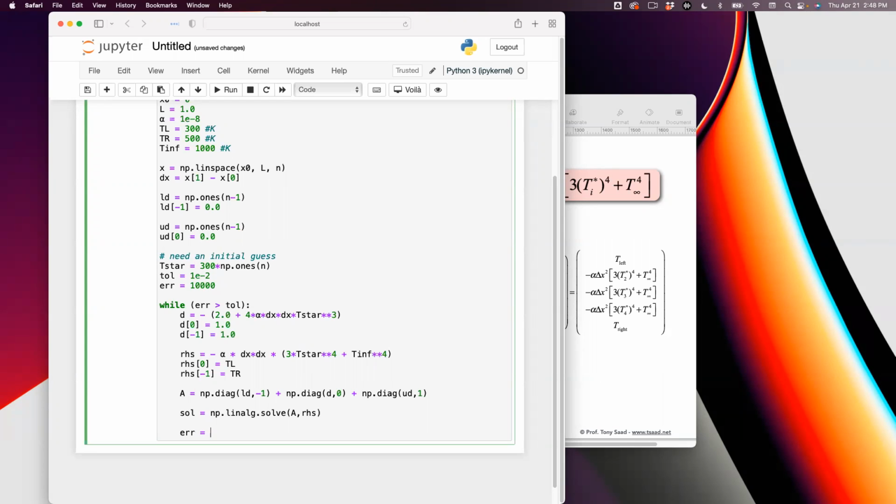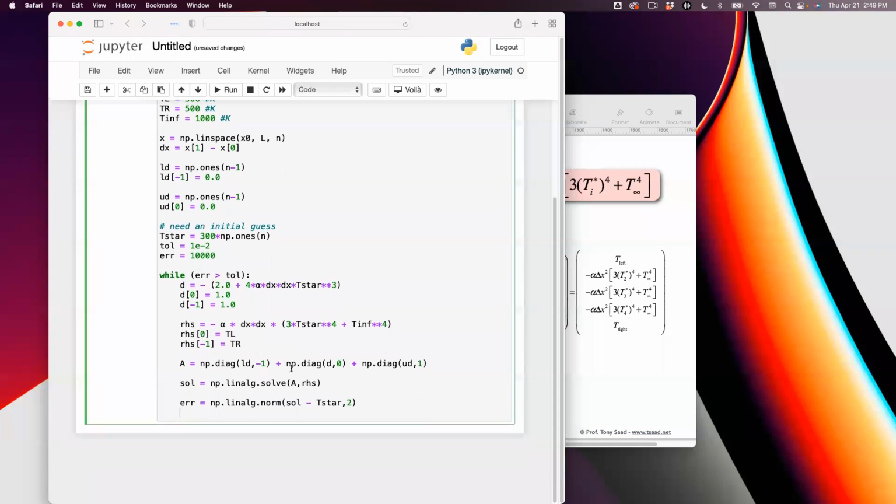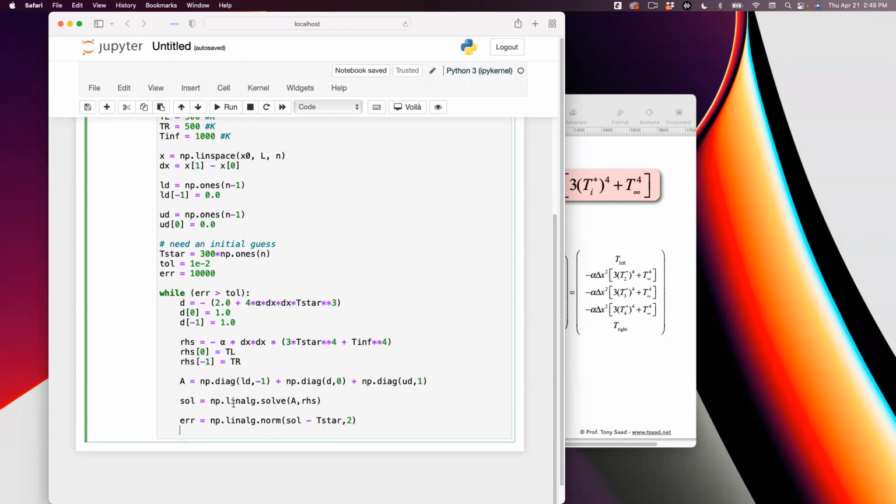So now we compute an error, which is numpy.linalg.norm, the norm of the difference between solution and T star. I'm going to take an L2 norm. Now this while loop, once it finishes the last line here, goes in and checks if error is greater than tolerance, repeat. If not, then exit. But I need to do one more thing now. I need to reset my guess to make it equal to the solution.